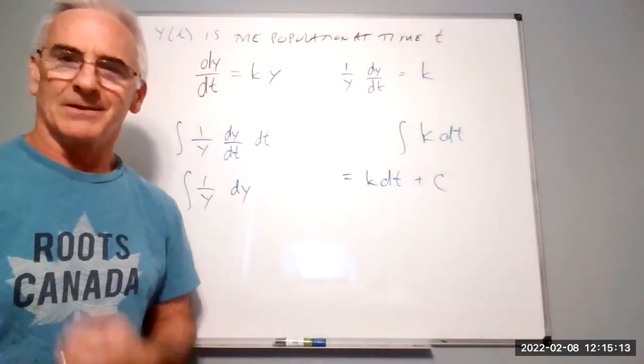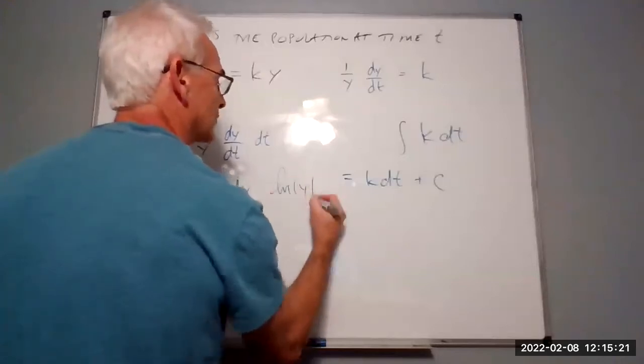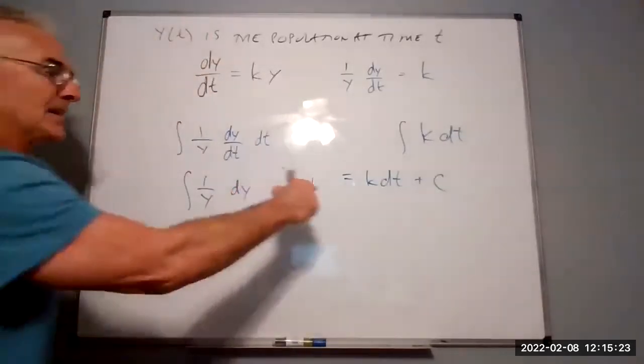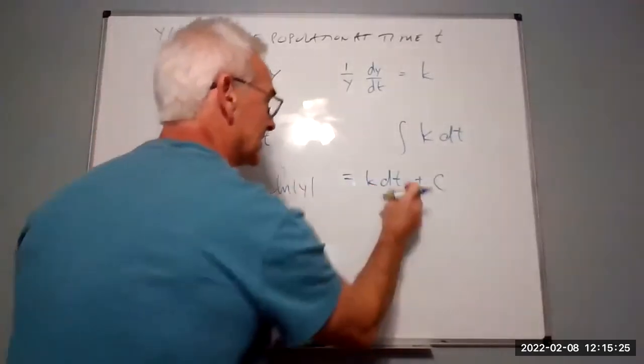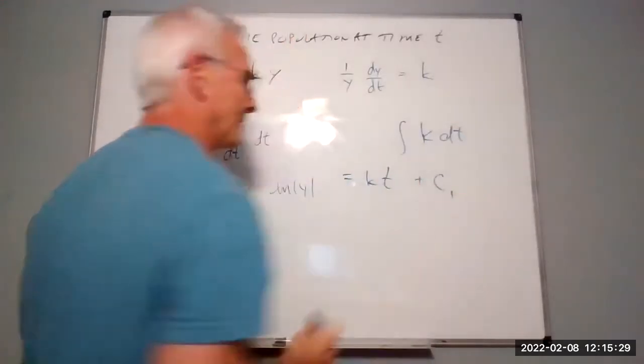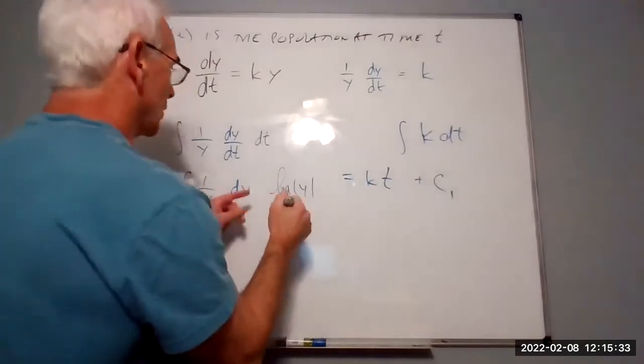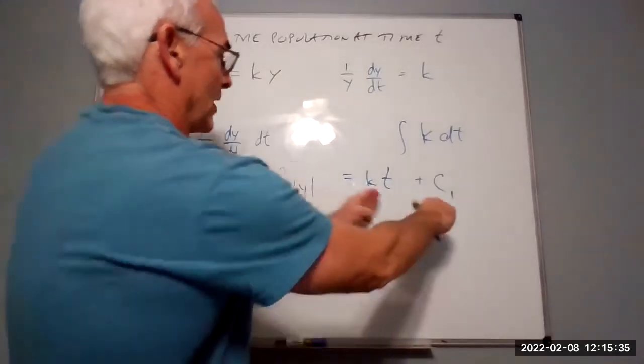What will that be? ln. Good. Natural log. So the left side is natural log absolute value of y. The right side is, oops, I put k dt, sorry. The right side is kt plus c1, because we're going to have more than one constant at some point. So the left side is this, the right side is this.